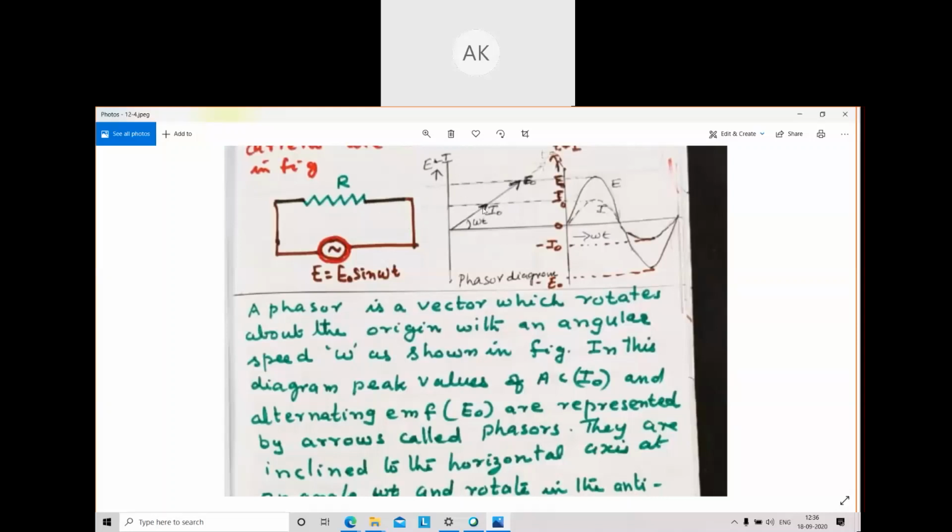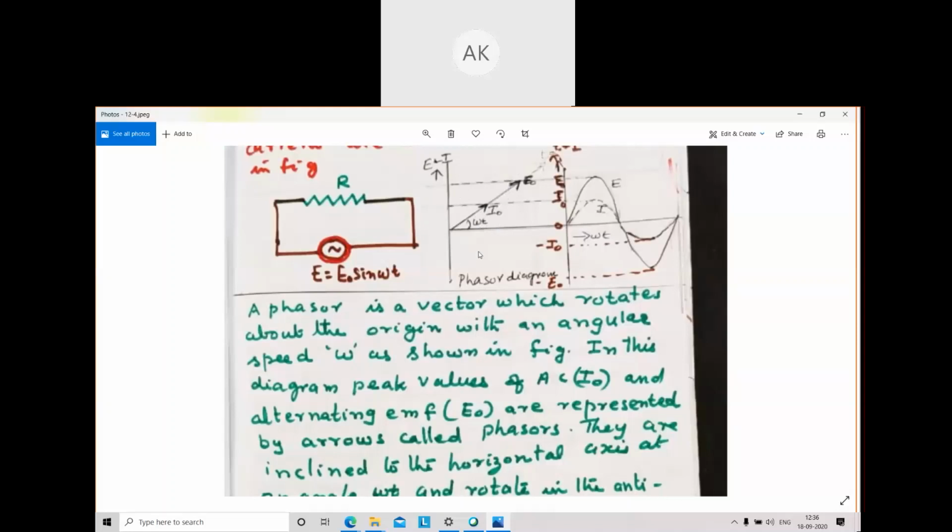So the magnitude of I0 will be less, which is why it is represented with a smaller length vector. I0 is the smaller length vector and E0 is the greater length vector, and they are in the same phase, so we represent them along the same line. By seeing this diagram, you should be able to explain all these factors.